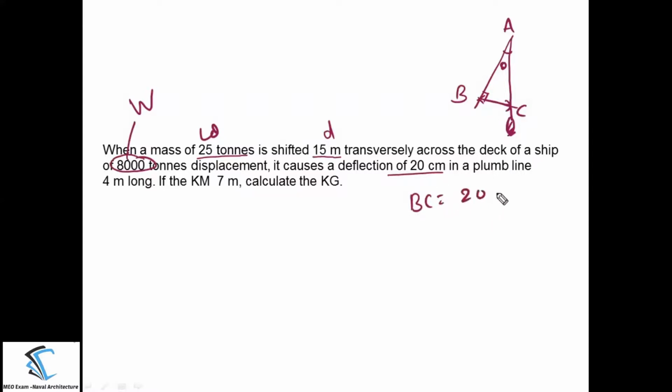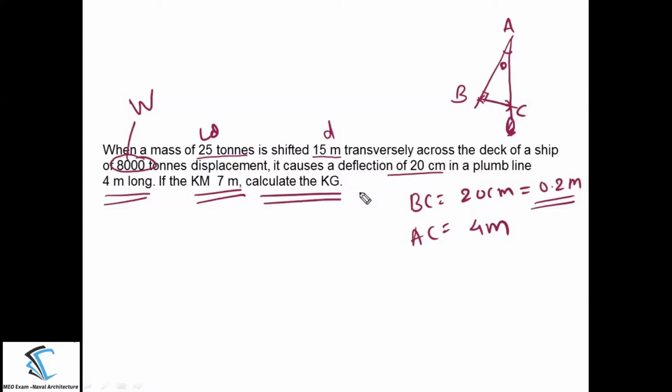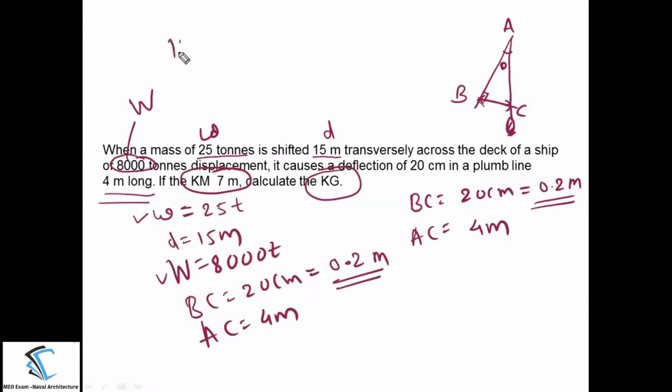BC is 20 centimeter. Let me convert in meter, that will be 0.2 meter. The length of the plumb line is 4 meter long. As per our notation, the AC is 4 meter. If the KM is 7 meter, meaning KM light is given, that is 7 meter. Calculate the KG value.